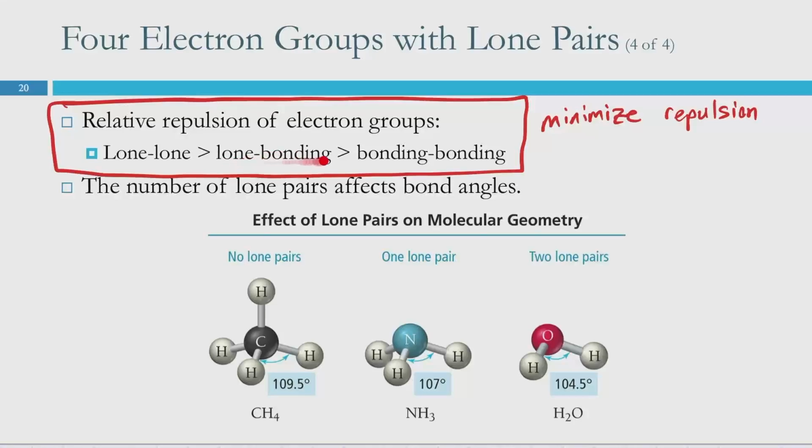Lone pair bonding pair interactions are better, and bonding pair interactions are the ones that we're okay having, like 90-degree interactions. We'll see this show up when we start adding more groups on. So if you're confused now, just know that we're going to be using some of this idea when we're making the next couple of not as basic shapes.